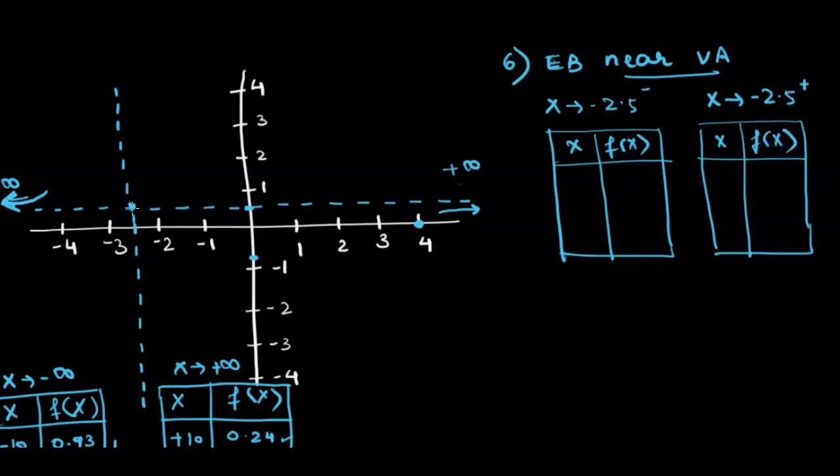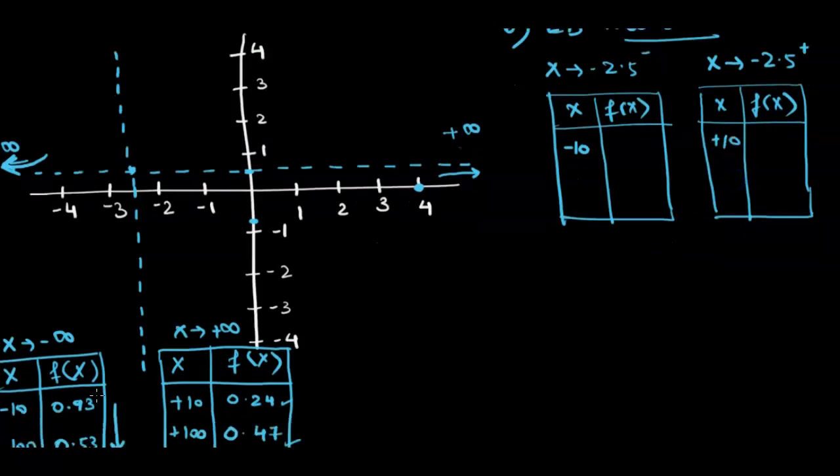Now when we're approaching -2.5 from the left side, one number that we can take is -10, so we can save our time. And when we're approaching -2.5 from the right side, here also we can take one value as +10. So for -10, the y value we know is 0.93 and for +10 we know the y value is 0.24.